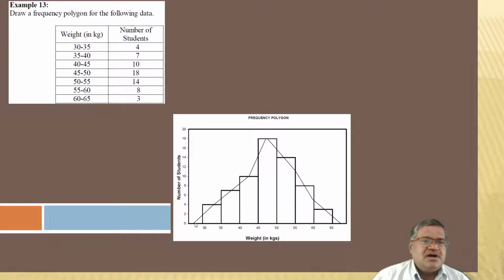Just identify the midpoints of the bars of histogram. By using the histogram, we can find mode directly without using calculations. The midpoints of the histogram joined gives us the frequency polygon.